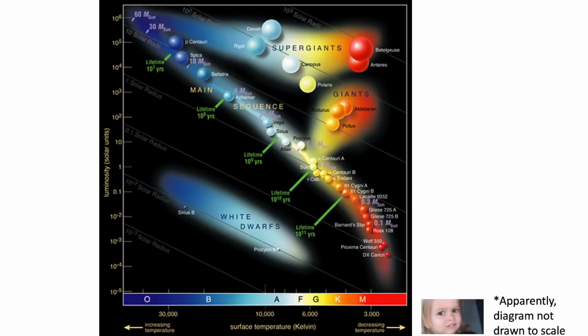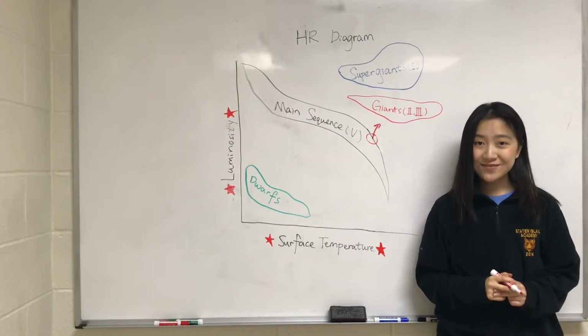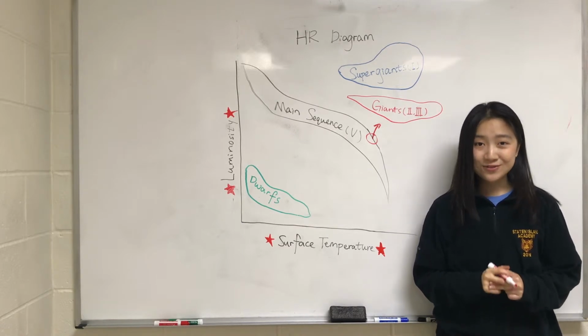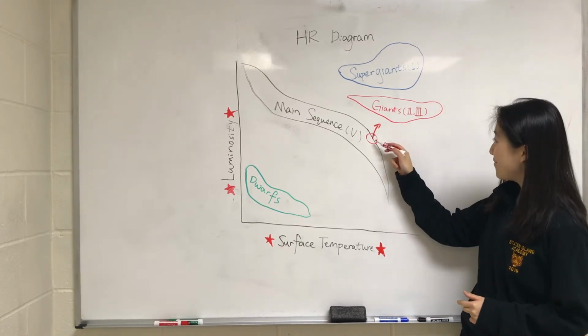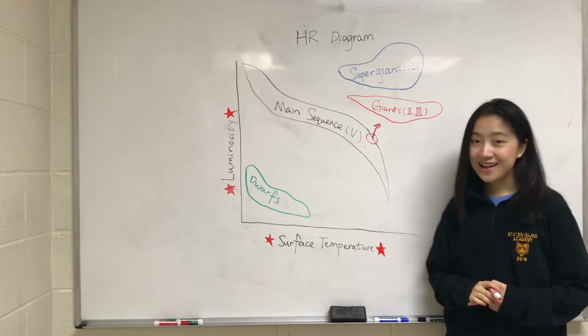Now, let's locate our Sun, right here. Our Sun is now a main sequence star. After it uses up all the hydrogen in its core, it will leave the main sequence and move towards the red giant branch, which is the upper right corner. In approximately 5 billion years, the Sun will use up its hydrogen fuel and become a red giant star.